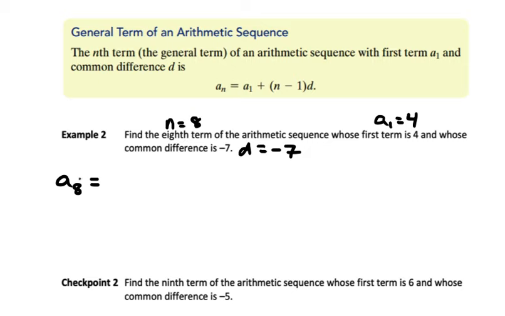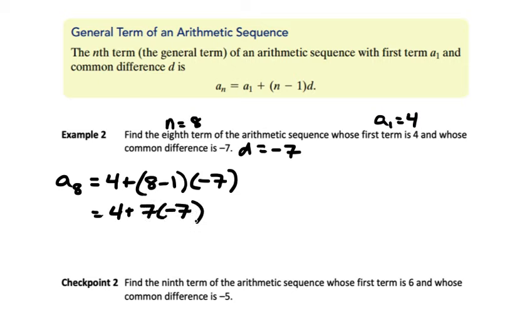So a sub 8 equals a sub 1, which is 4, plus n minus 1, which is 8 minus 1, times d, which is negative 7. Now this is just a little bit of math to do. You can type this all into your calculator or say that 8 minus 1 is 7.